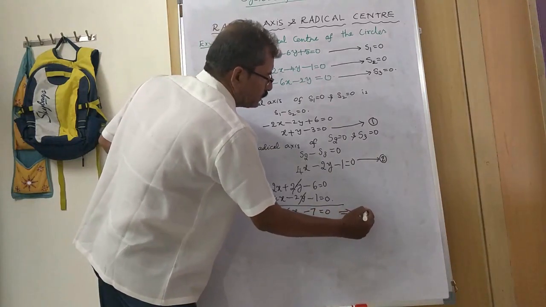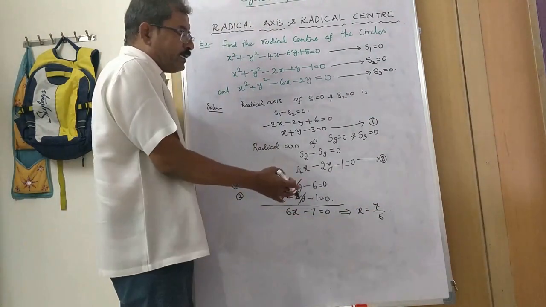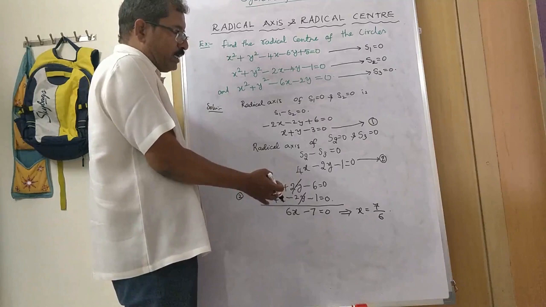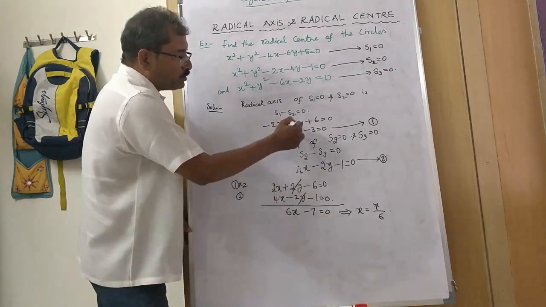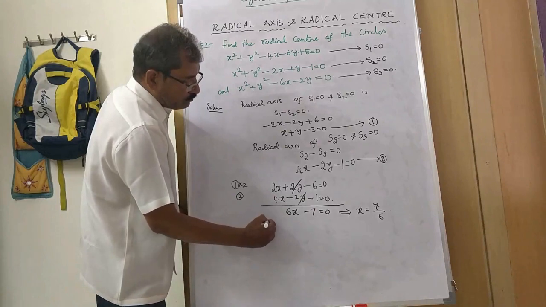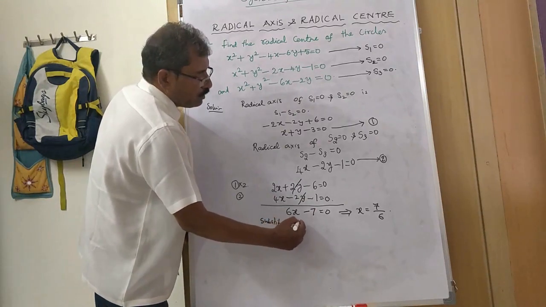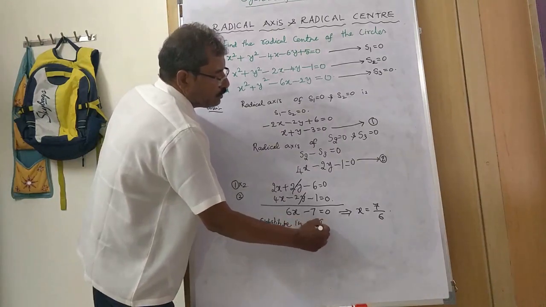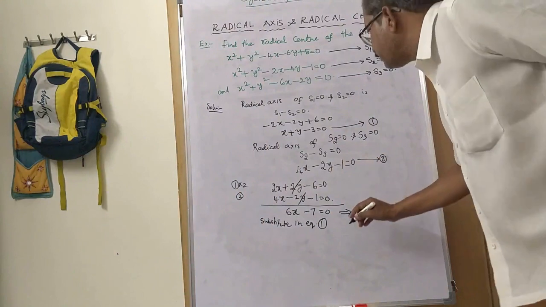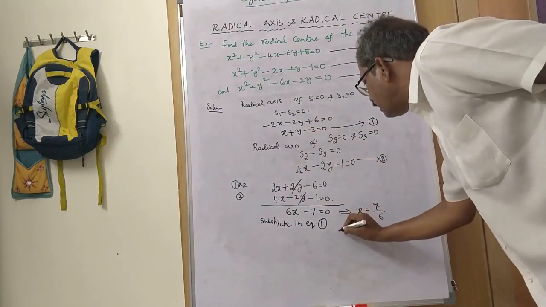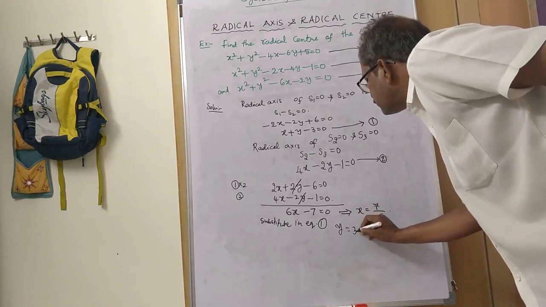This gives us x = 7/6. After getting x = 7/6, you have to find the y value. From this, substitute in equation 1. What happens? x + y = 3, so y = 3 - x.